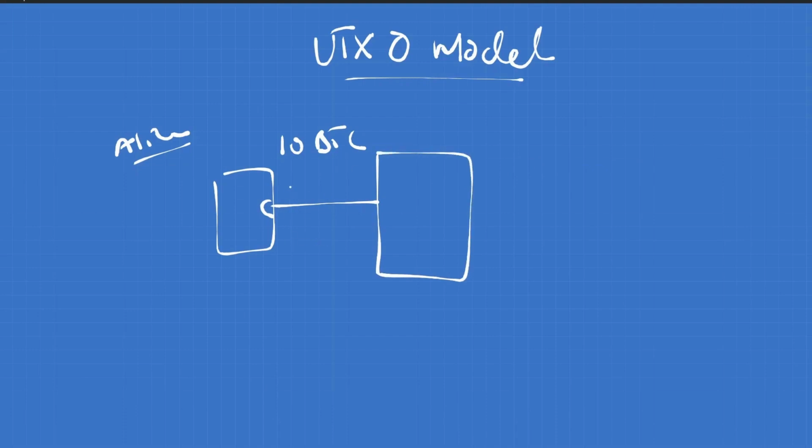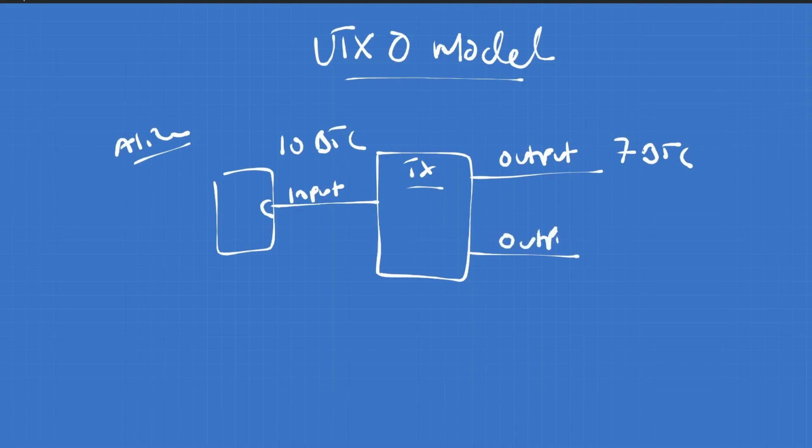and the transaction has an input. The input in her case is 10 BTC. So she's paying a merchant. The output here is 7 BTC. She receives her change of 3 BTC.